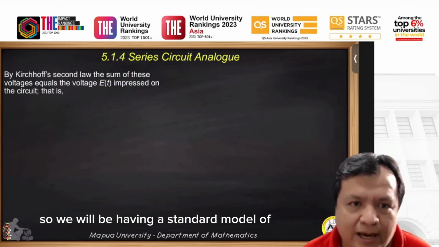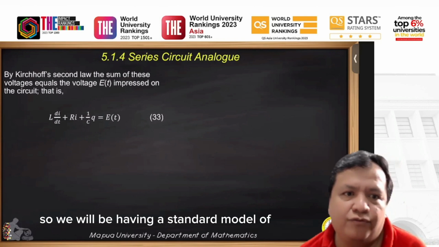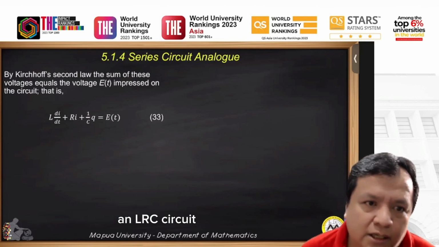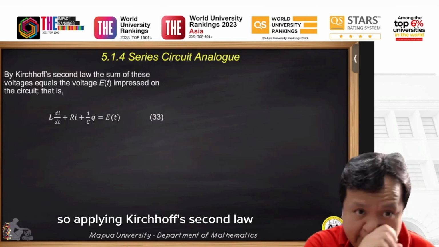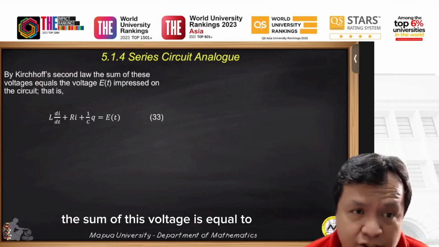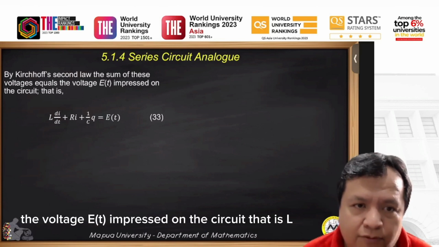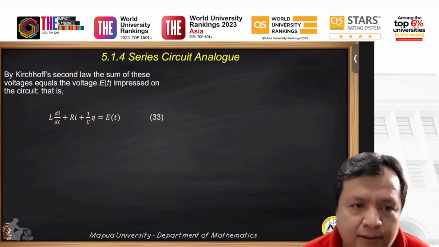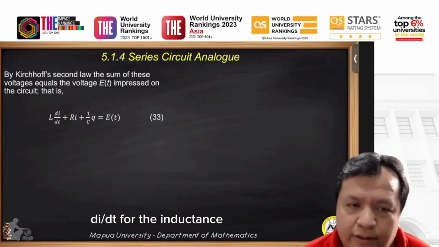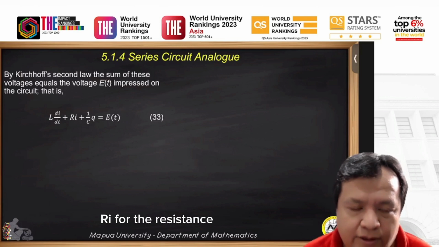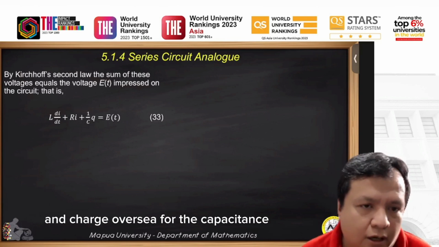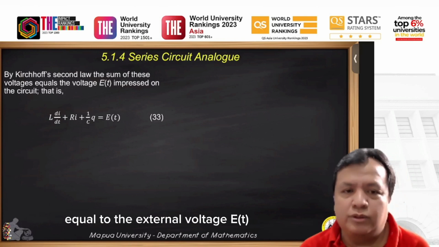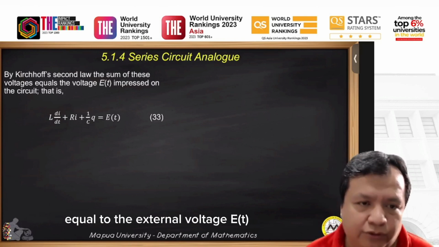So we will have a standard model of an LRC circuit. Applying Kirchhoff's second law, the sum of these voltages equals the voltage E of t impressed on the circuit, that is, L di over dt for the inductance, Ri for the resistance, and charge over C for the capacitance, equal to the external voltage E of t.